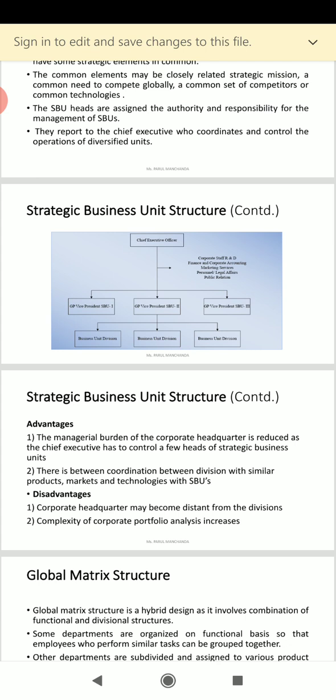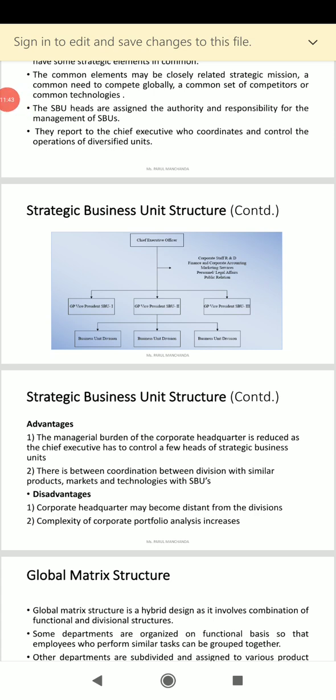By distance we do not mean kilometers, we are talking about the reporting distance, right? The conflicts among the SBUs can be a matter of concern, right? They might not be very willing to share resources, which would become an issue. So these are the major advantages and disadvantages in context to your strategic business unit structure.